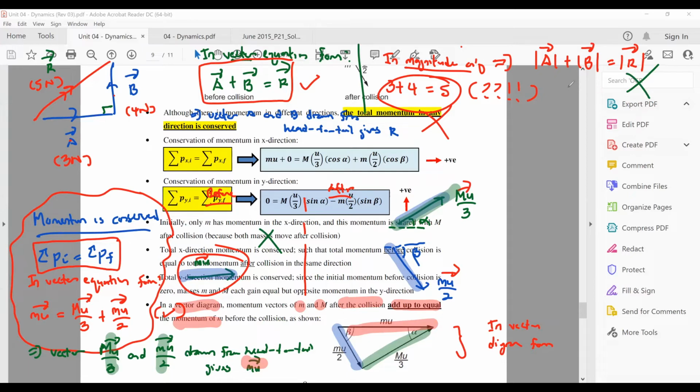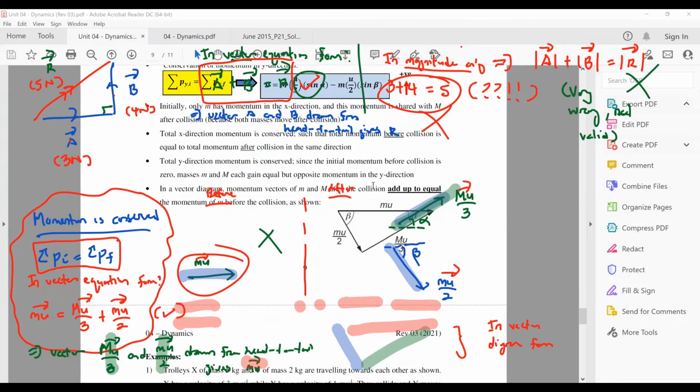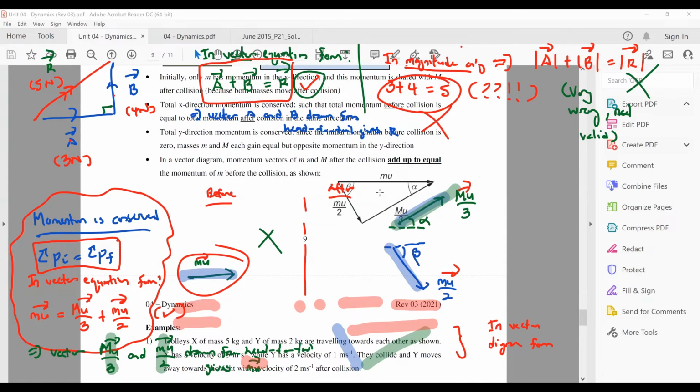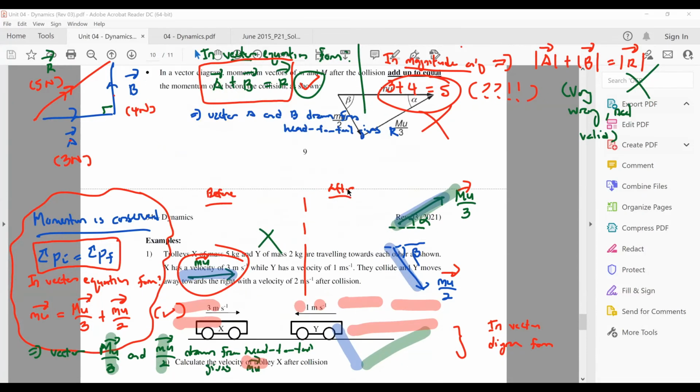Okay, this is very wrong, not valid. Only in vector form is this going to be valid. So just bear in mind this one first, because there's one question later that relates to this, where you need to know the difference between these two. Okay, so this is 2D collision.